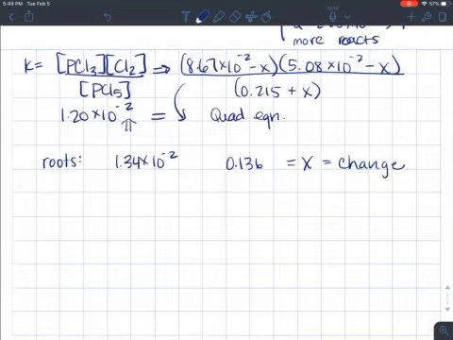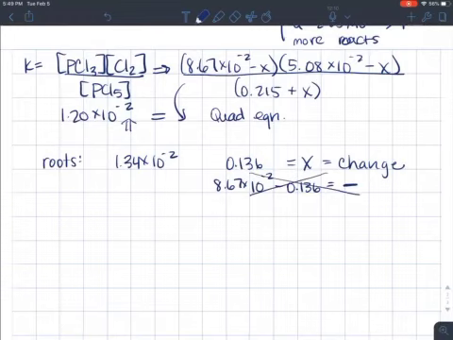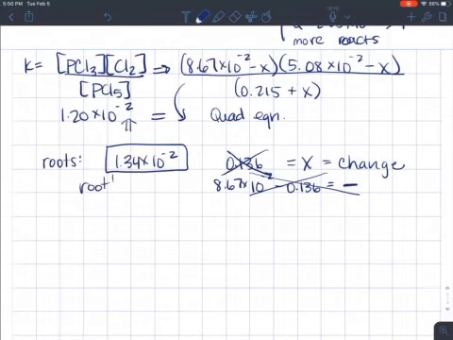If I plug this one in, and I subtract 1.36 from 8.6 times 10 to the minus 2, I get a negative value. And that can't be, because I cannot destroy matter, right? We can't have a negative concentration. So this must be the root that makes sense. Okay? This is my value of x, and that x is equal to the change.